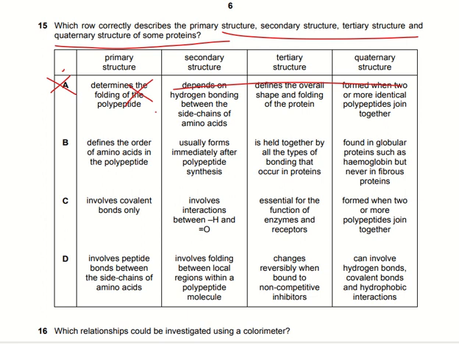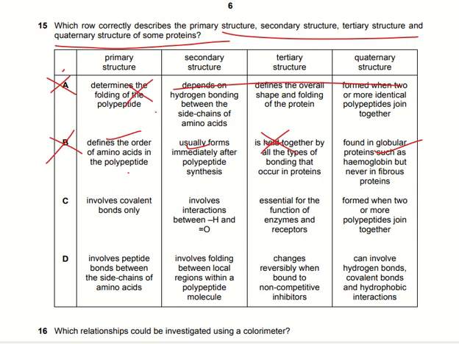Primary structure defines the order of the amino acids in the polypeptide. Yes. Secondary structure usually forms immediately after polypeptide synthesis. Yes, it can be. It is held together by all types of bonding that occur in proteins. Only a few bondings can be present here. Quaternary structure is found in globular proteins such as hemoglobin. Yes, it can be. So it also rules out here.